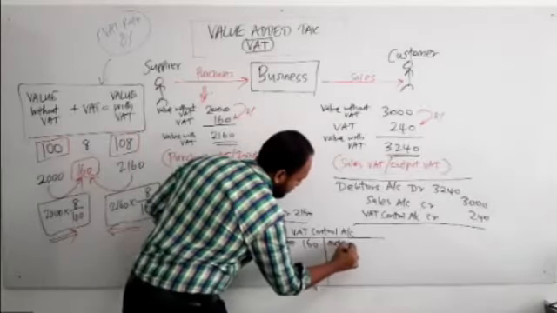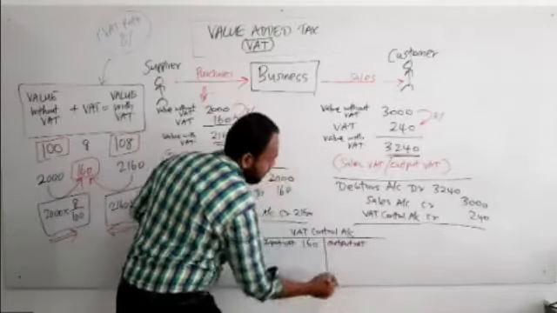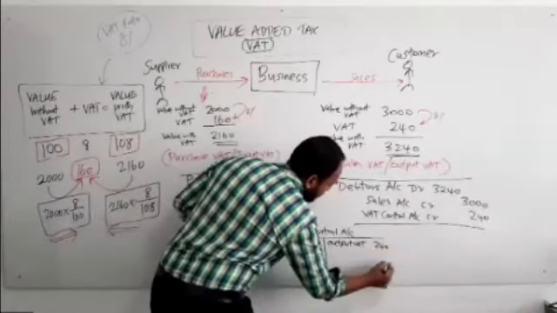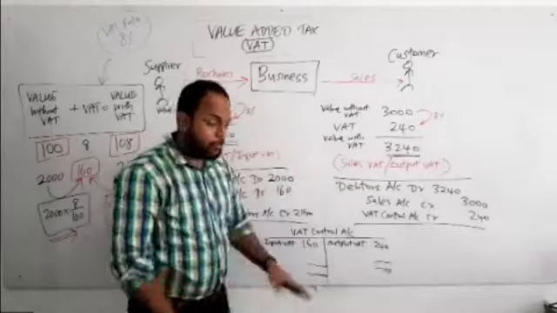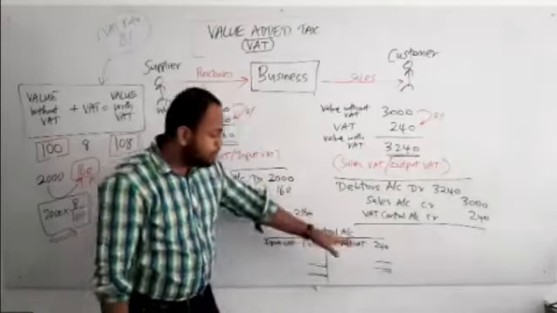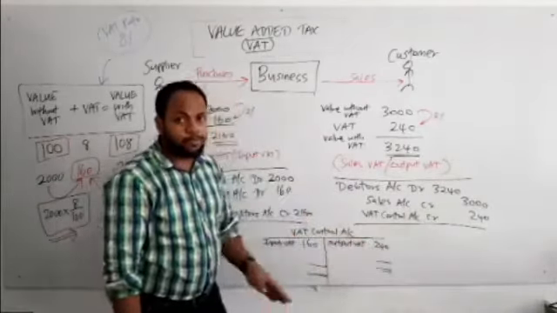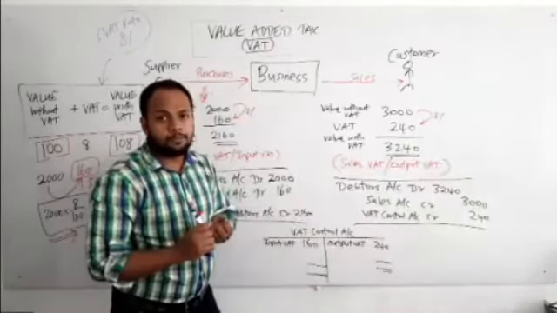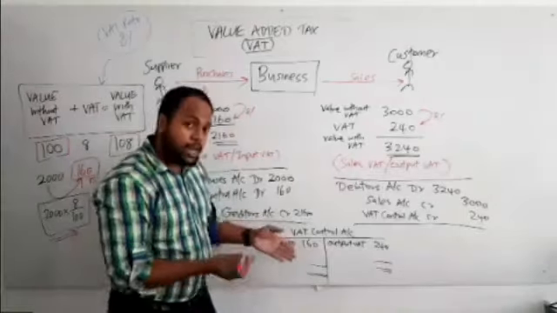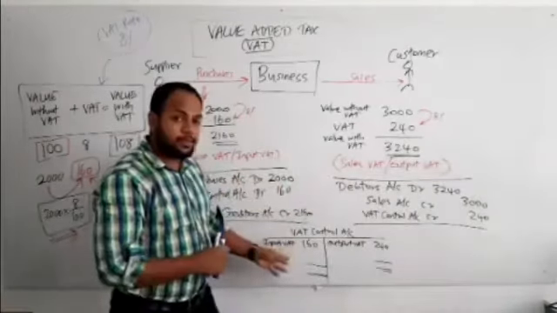And on the credit side there is an output VAT of 240. So from the customers we received 240. That is payable to the government.